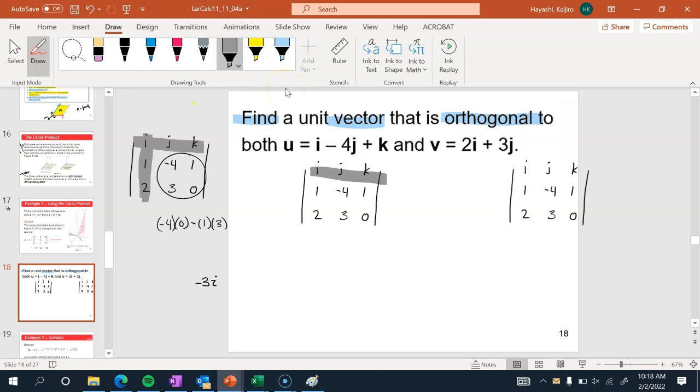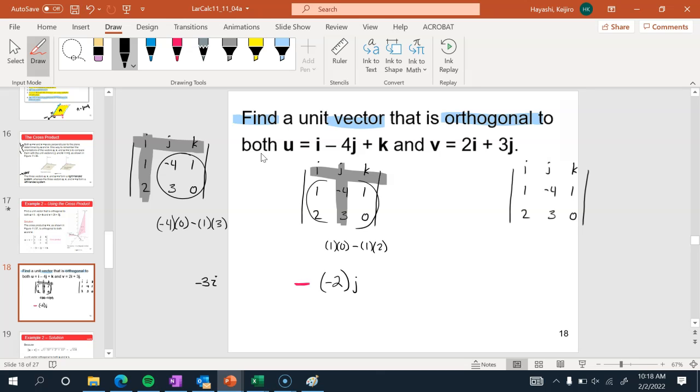Then you do the same for j, keeping in mind that the j is going to have an extra negative sign already. Let me just put that there right now. So that's going to be 1 times 0 minus 1 times 2. So that's 0 minus 2, or negative 2.